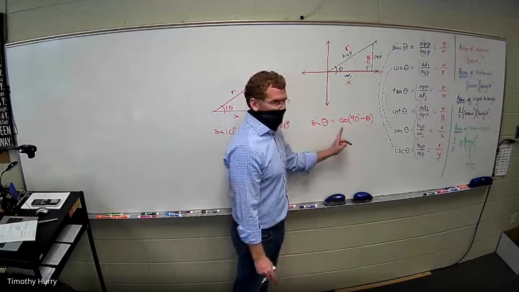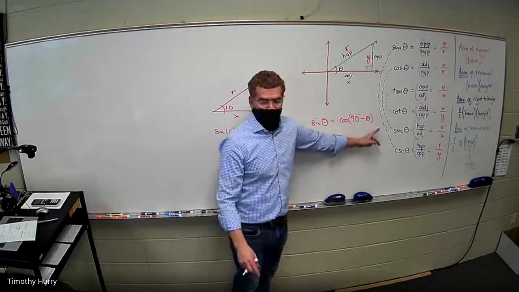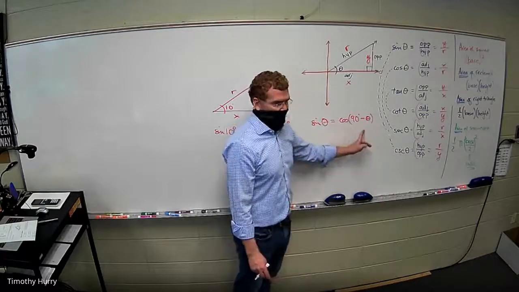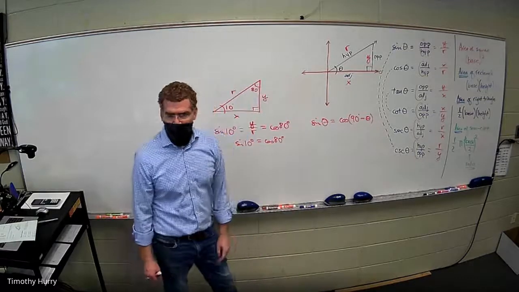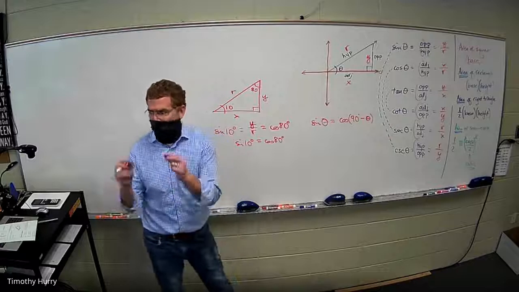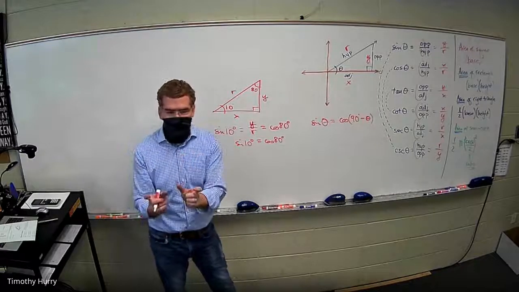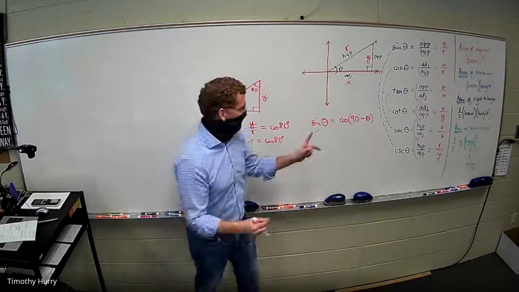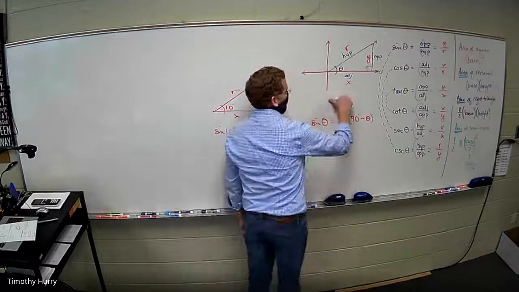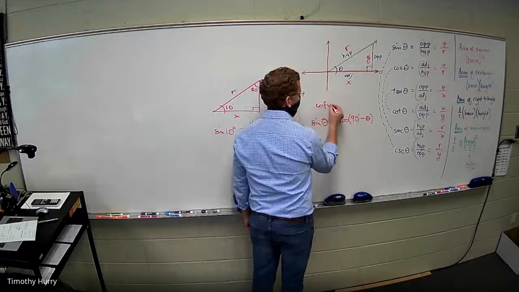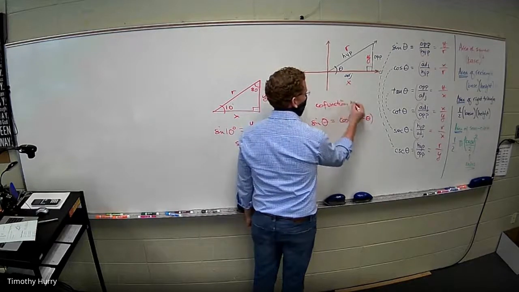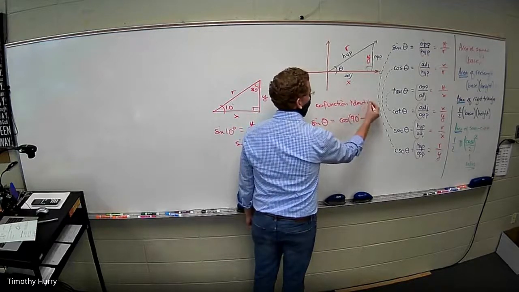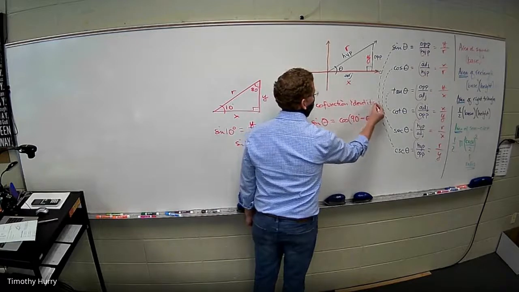Sine of 20, cosine of 90 minus 20. Sine of 50, cosine of 90 minus 50. This is how sine and cosine are related. So the sine and the cosine are related by this rule. And this is called the cofunction identity.